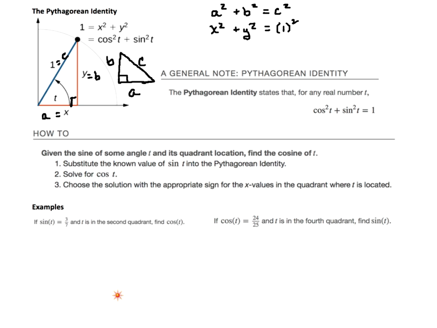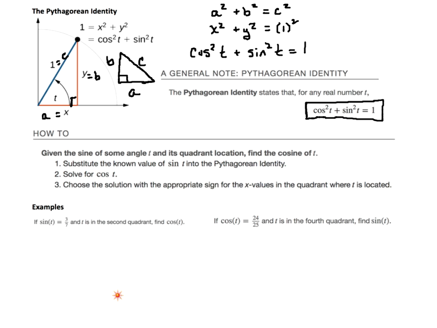So I can completely transform the Pythagorean theorem to give me an identity that incorporates cosine and sine. So I have cosine squared of angle theta plus sine squared theta equals, well, 1 squared is just 1. So this is your Pythagorean identity.